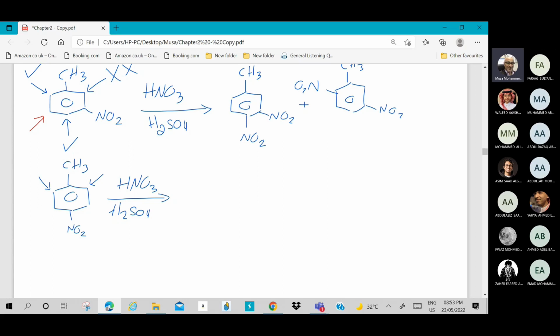Now nitro is also meta, so this means nitro will also add here. So this is a question that will be an easy one, and if I go to the lab, I will be happy, because I will not find any minor products in this case, because both agree that the coming group should be here. Now, if it comes in the left side, it will be identical.